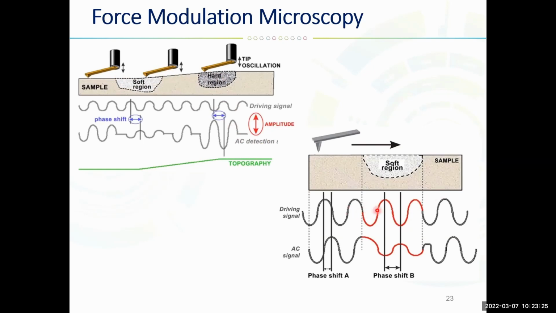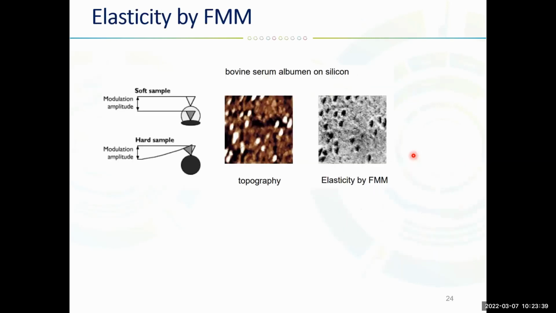For example, here you can see the phase shift difference over the soft region, and I would like to talk more about this part. So this is how these images look. These are elasticity images, and they show that each of the bumps in the soft material is basically shown here in the elasticity picture.